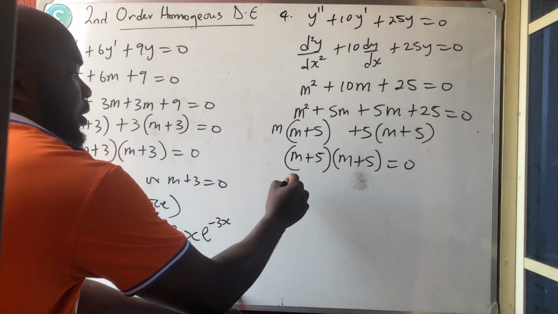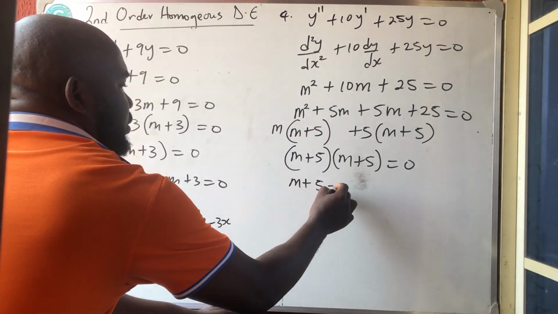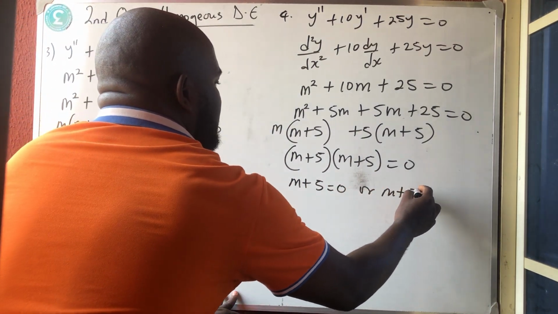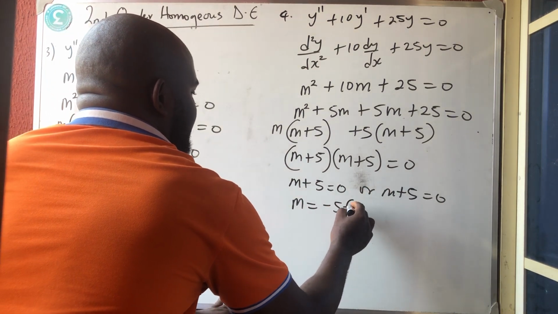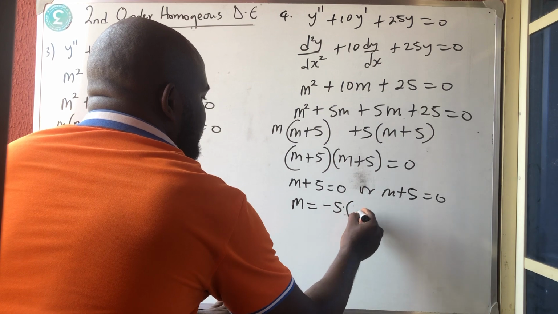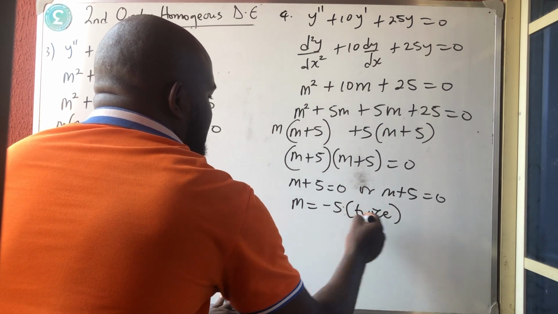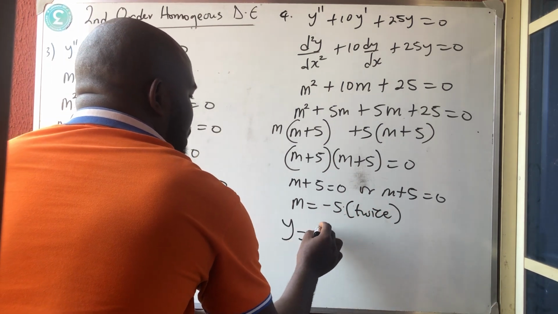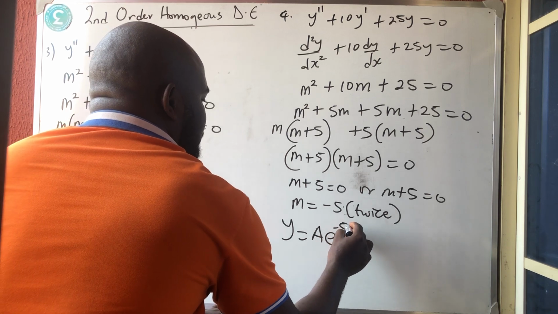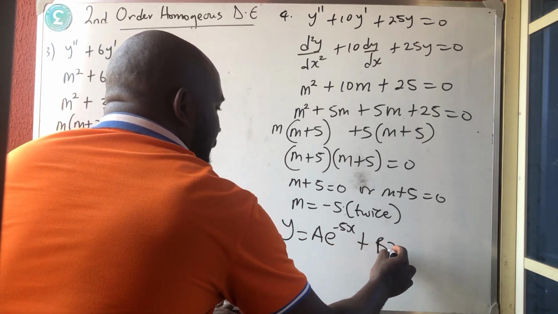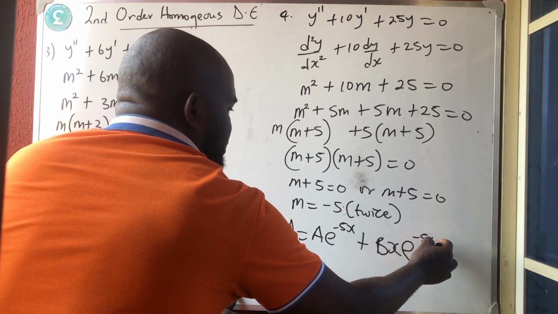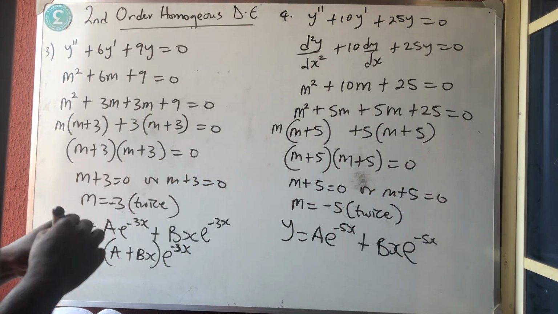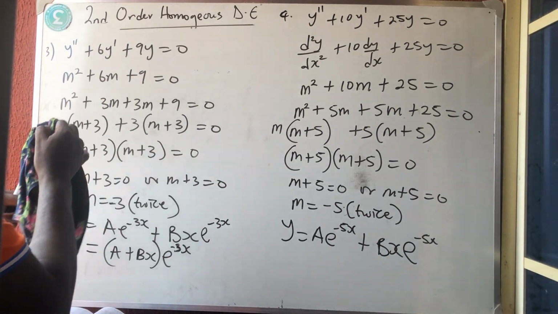So m plus 5 is 0, or m plus 5 is 0. So that m is minus 5 twice. So what did I tell you about twice? Your y will now be equal to a plus bx, this x is because it is twice, e raised to power minus 5x. You see, second order is even easier than first order.